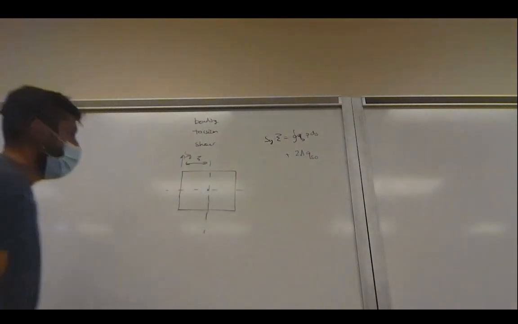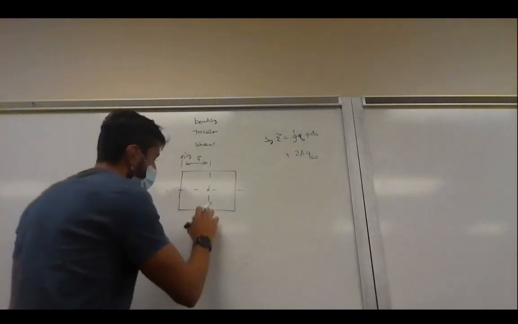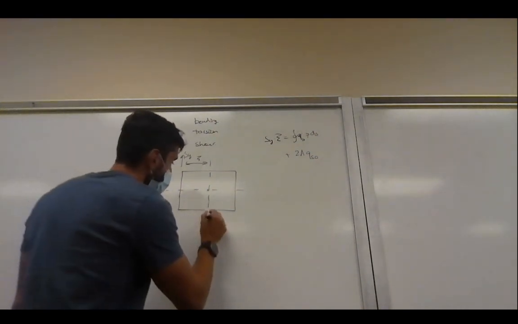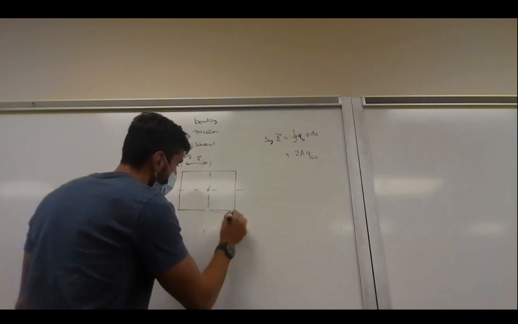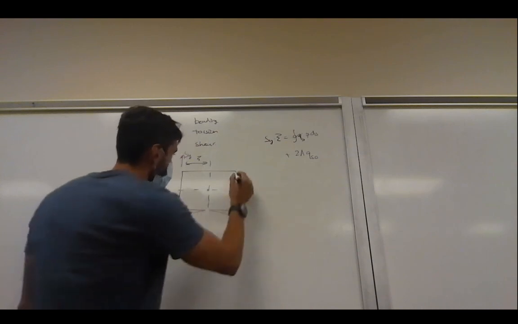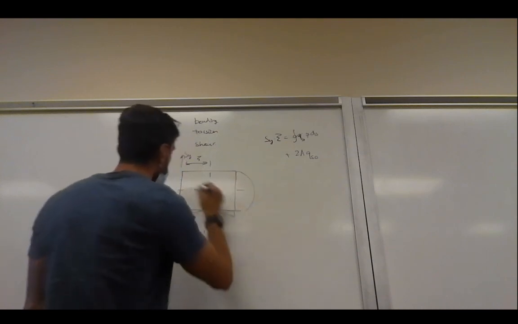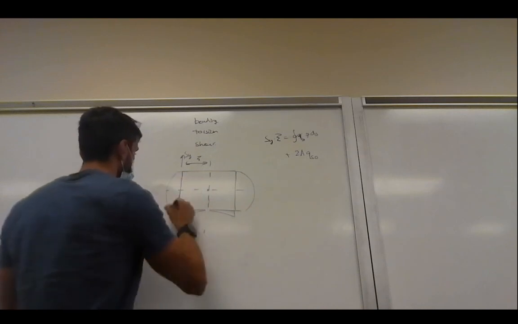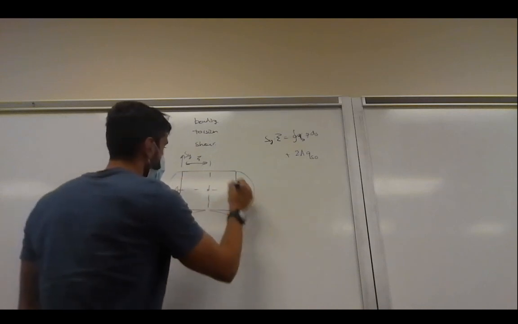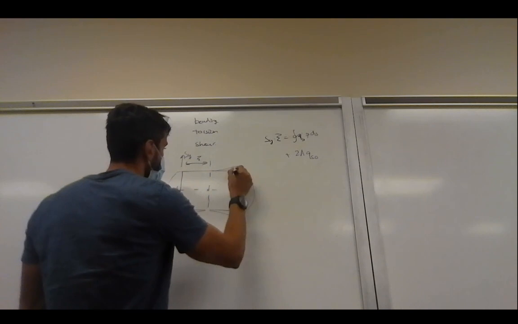If you make a cut in this section in the middle, you will get a shear flow that's like this, goes up here, goes up there, and then goes back to 0 here.